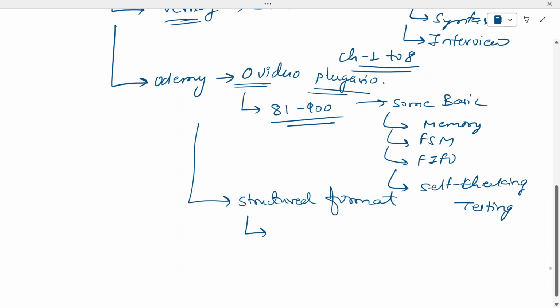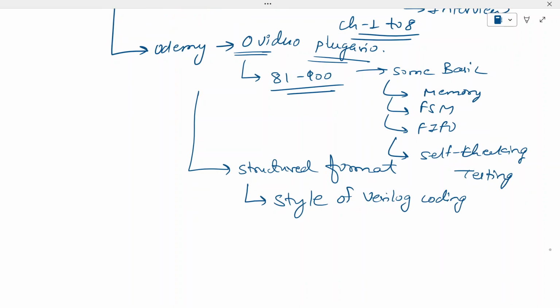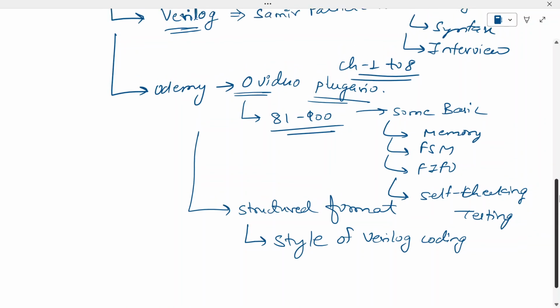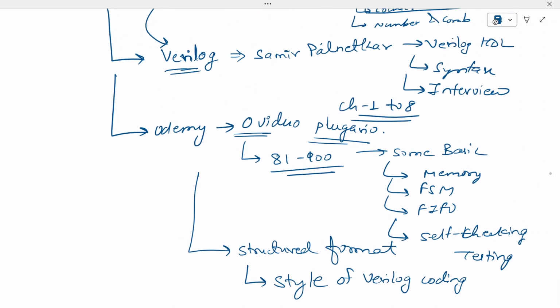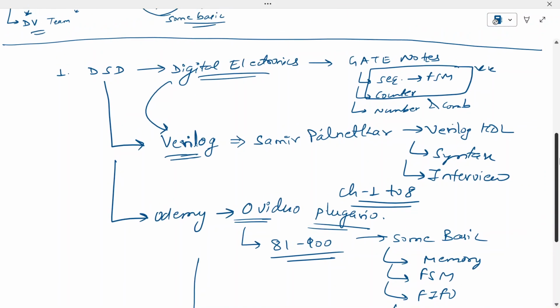So this course will ultimately help you build up a style of Verilog coding.